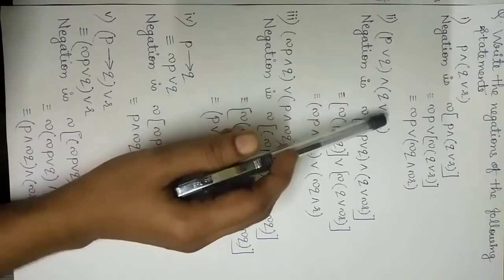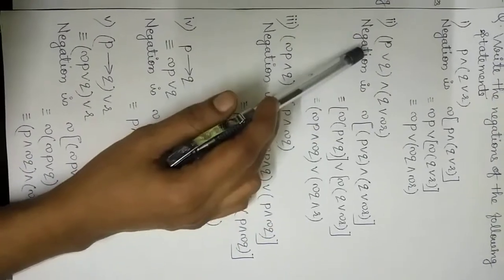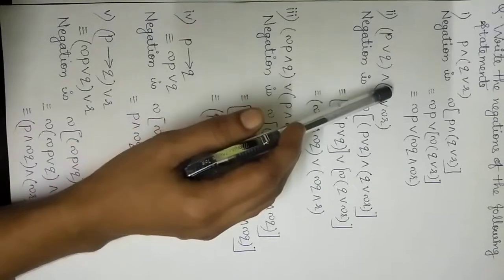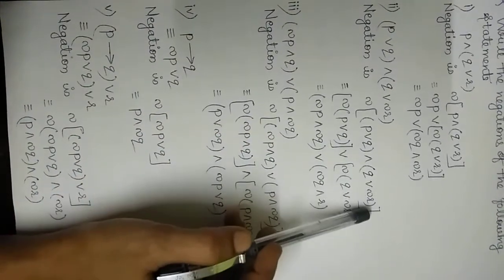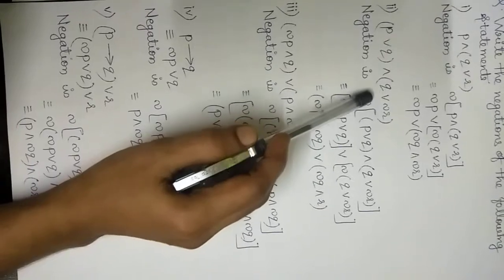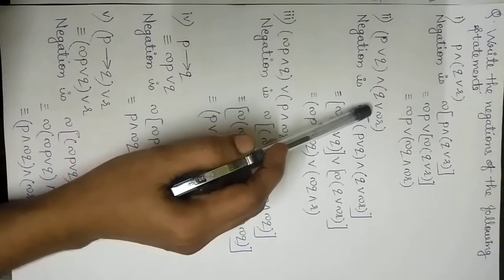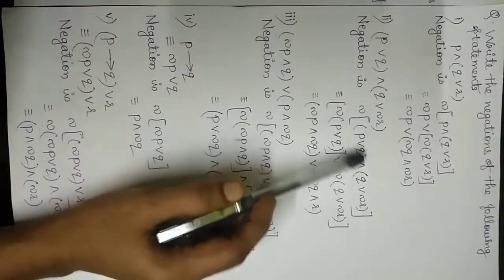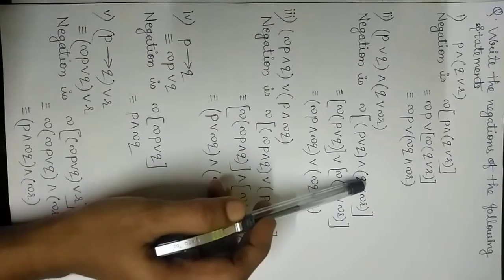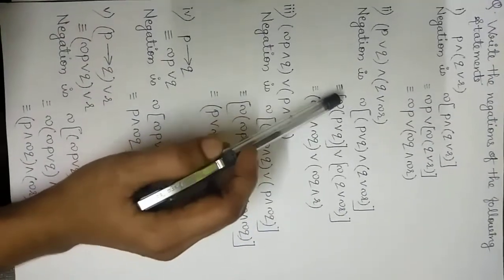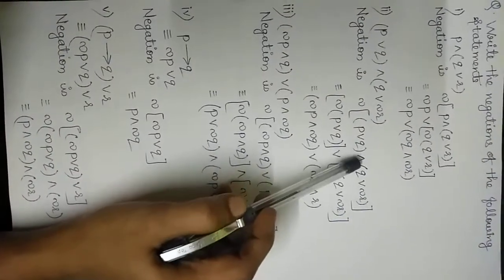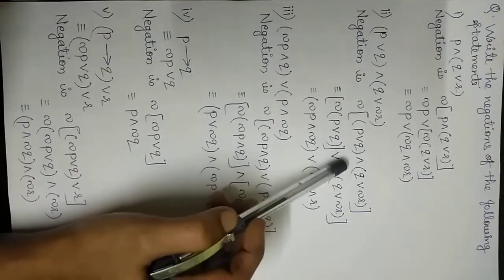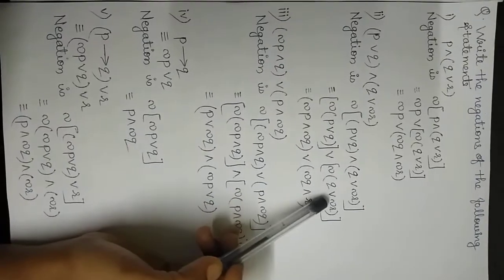Now second, P or Q and Q or negation of R. Here also, while finding the negation, first we will write the given statement as it is in the rectangular box, and from outside we will apply the negation sign. Since at both the places brackets are present here, first we will write negation of first bracket, middle term, that is logical connective and, will become OR, and negation of second bracket.